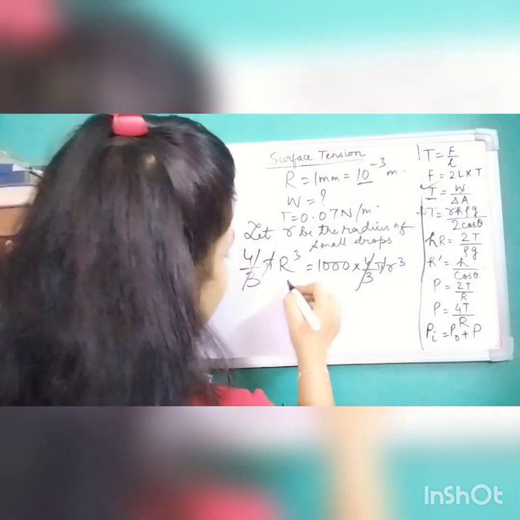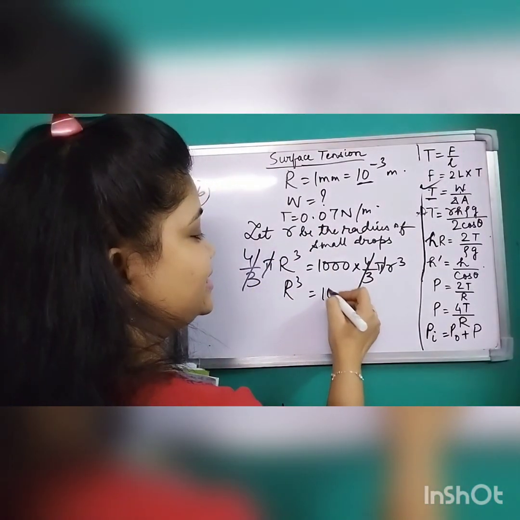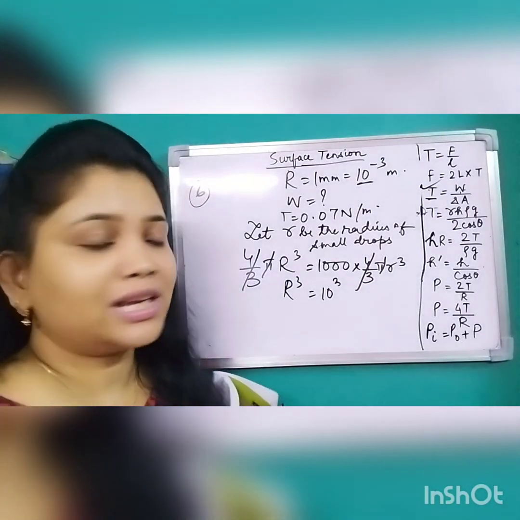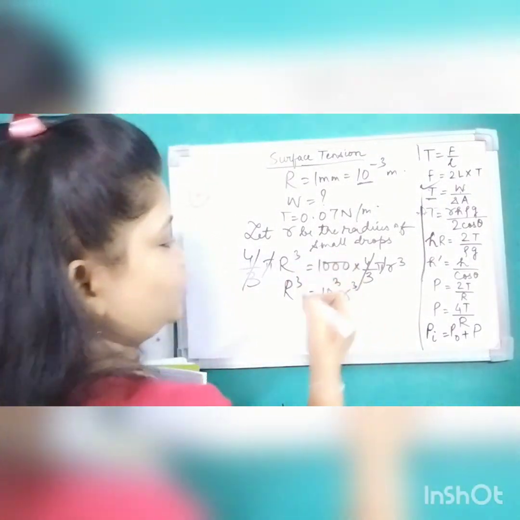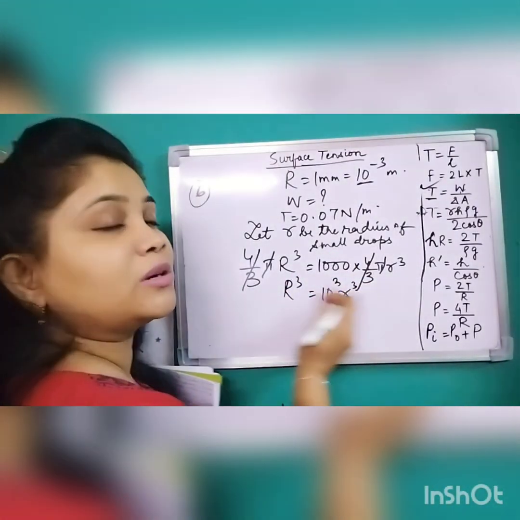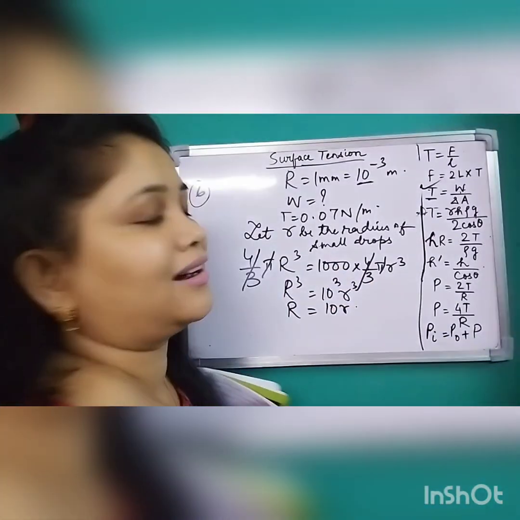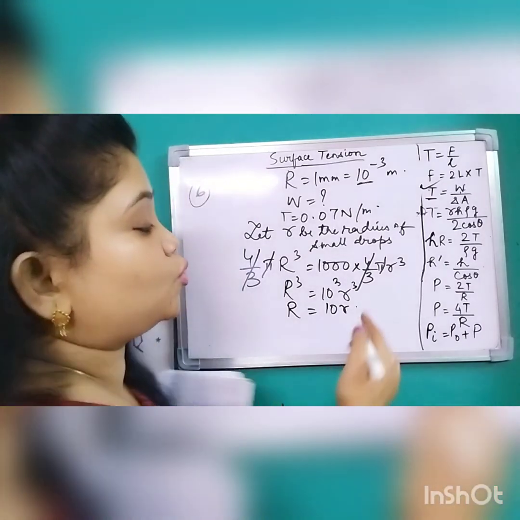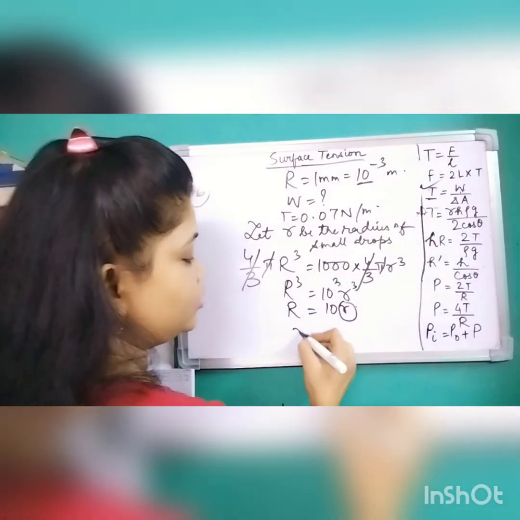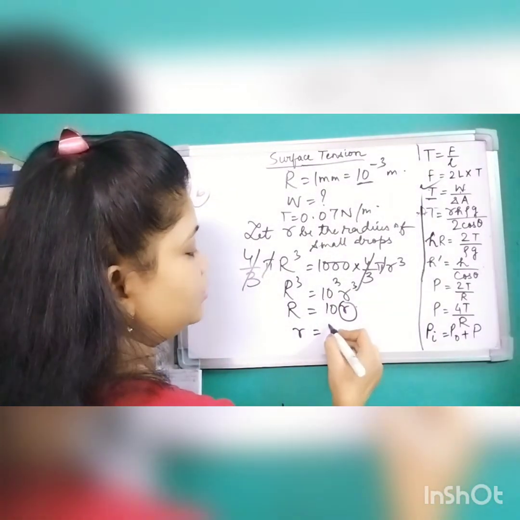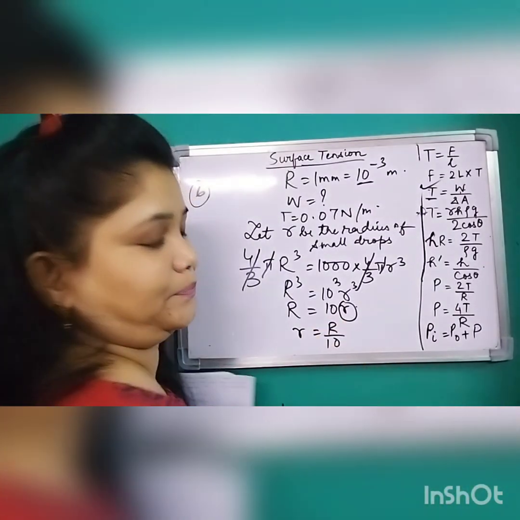Now 1000 I can easily write as 10 to the power cube. If I remove the cube on both sides, what will I get? R is equal to 10 r. So what will small r be equal to? Small r will be equal to R by 10.